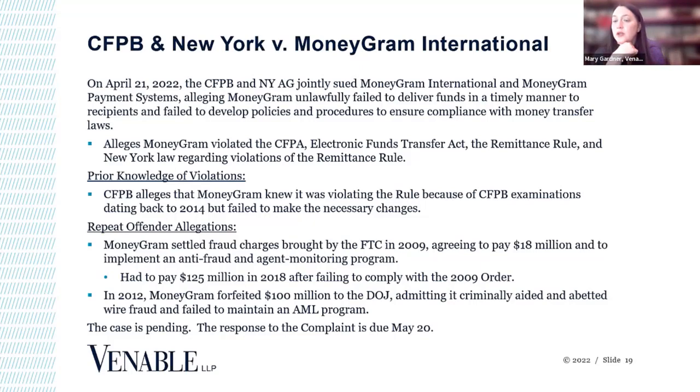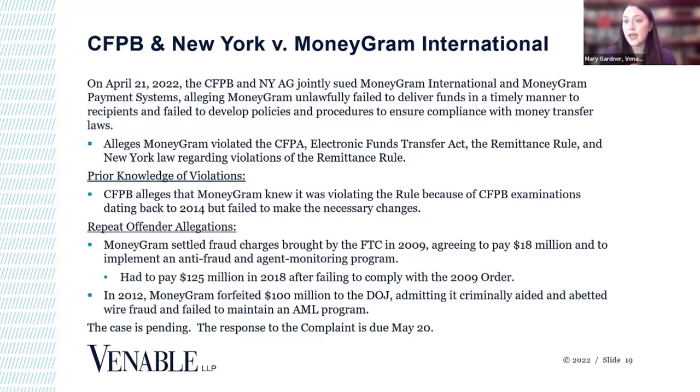And so they joined on saying that, pursuant to that, they were bringing for a violation of the remittance rule. And the remittance rule plays a particularly important role in this case because it sets forth requirements for these fund transfer companies, what kind of disclosures they have to make regarding the transfer.